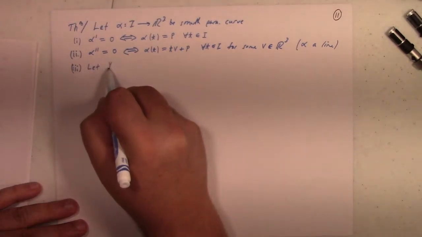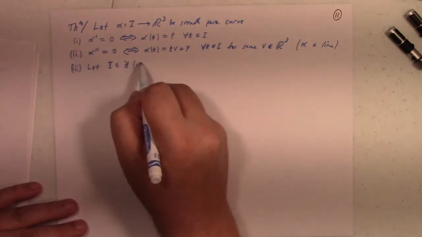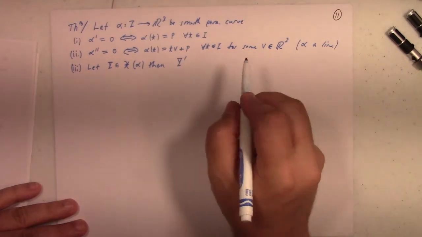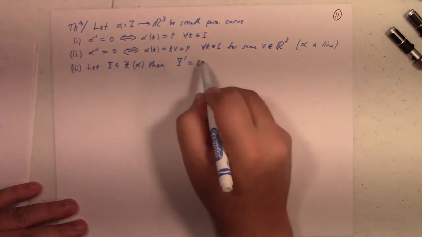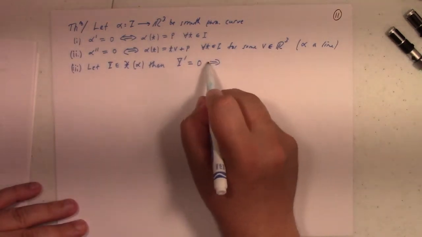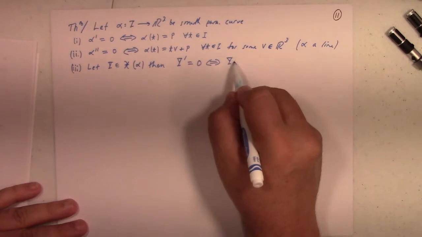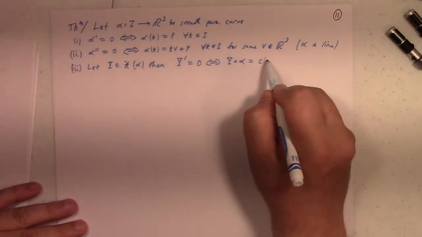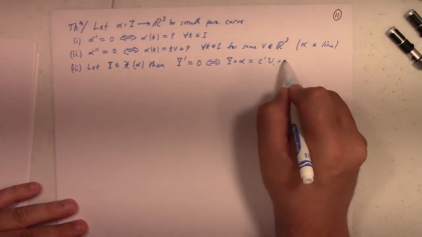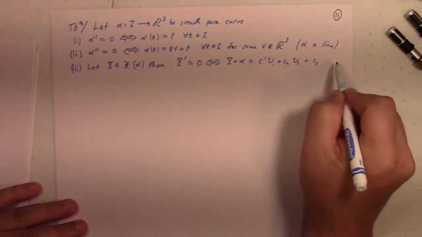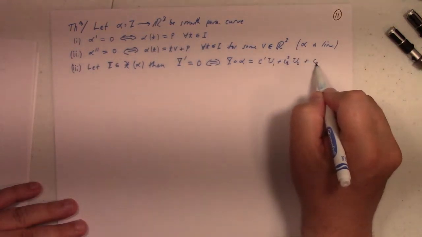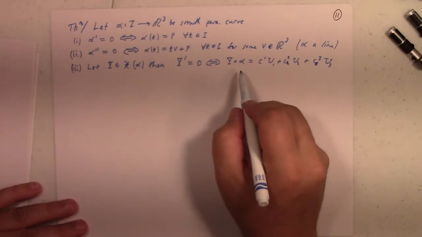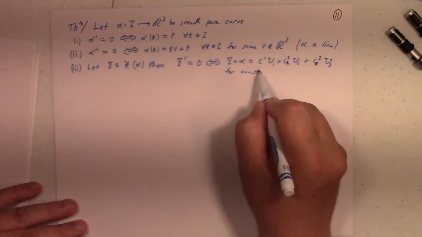If we have Y a vector field along alpha, then the derivative Y prime is equal to 0 if and only if Y composed with alpha, and I'm just giving some notation here, is C1 U1 plus C2 U2 plus C3 U3, with C1, C2 and C3 constants.